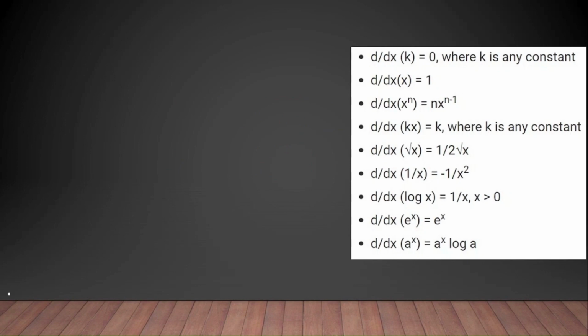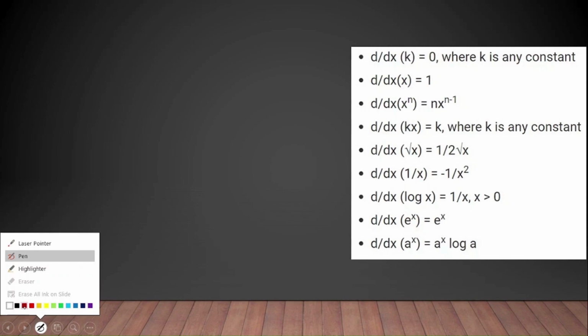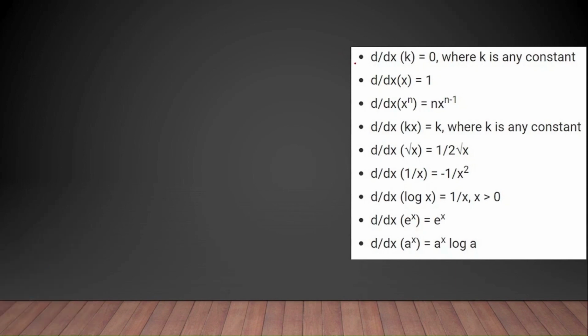What will be the standard derivatives? Here you can see these are the standard derivatives, and you all know this. d/dx of k, or d/dx of any constant, which we can say is c, is always equal to 0.